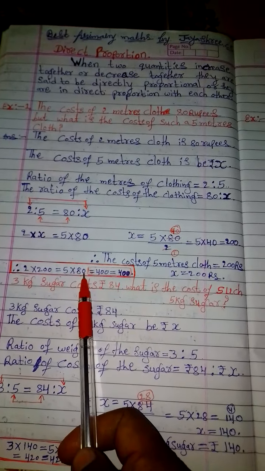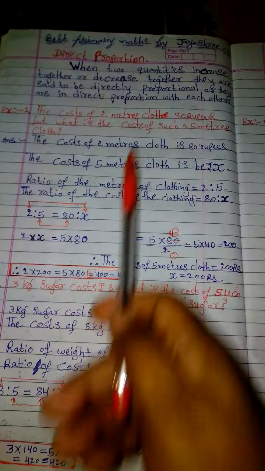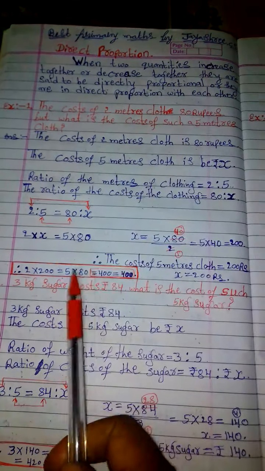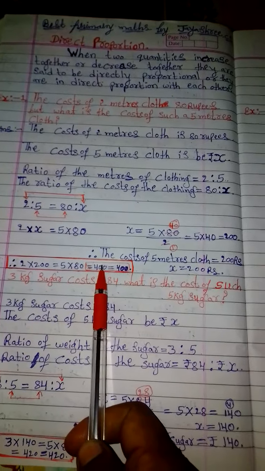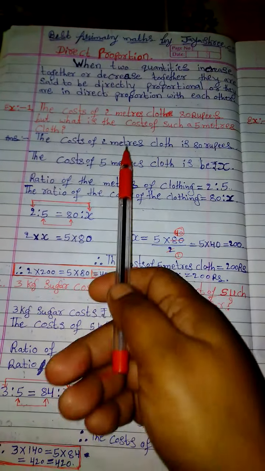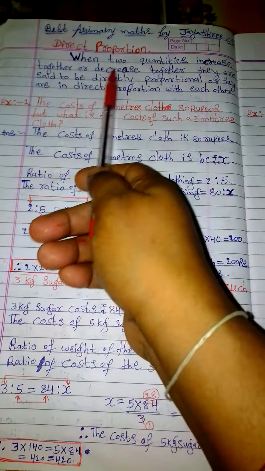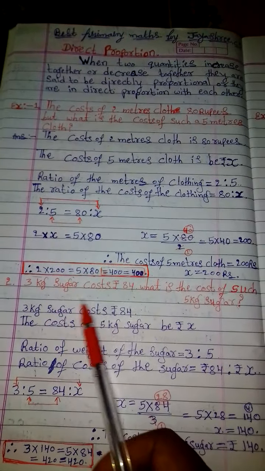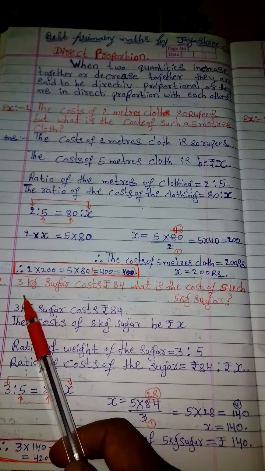Here two quantities are increased together. So this example is a direct proportion. Got it? Let us go into another example.